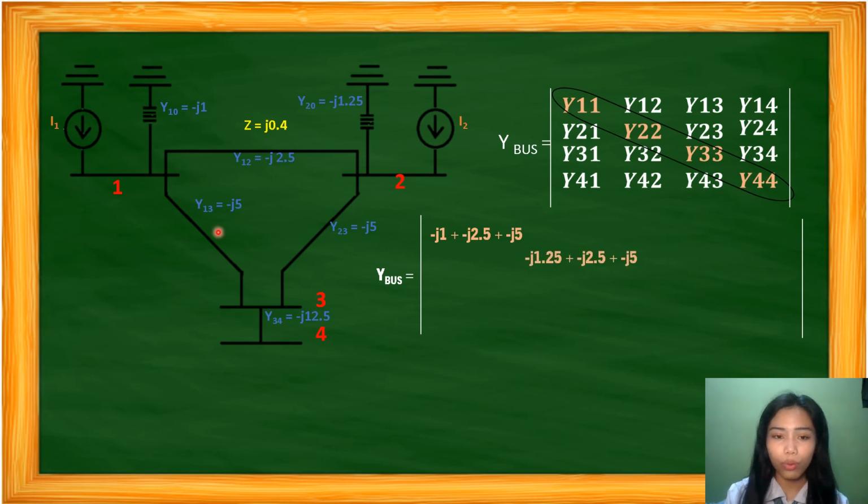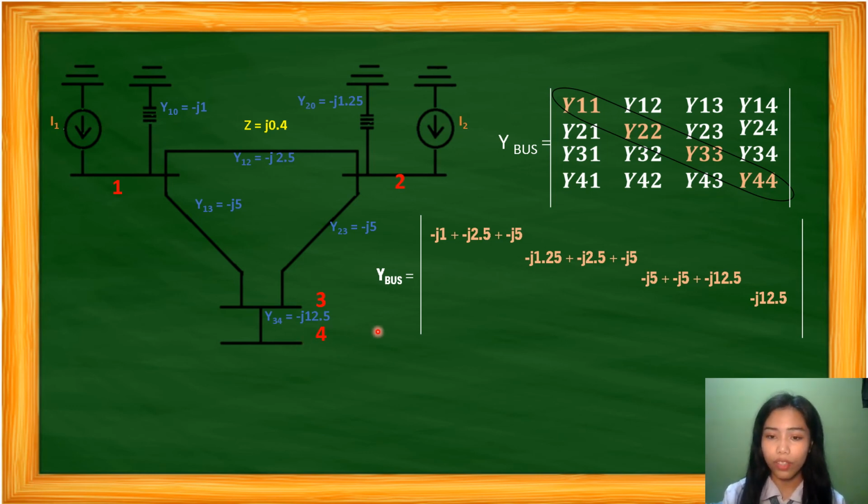In Y22, we have negative J1.25 plus negative J2.5 plus negative J5. In Y33, we have negative J5 plus negative J5, and then negative J12.5. And in Y44, we have negative J12.5.